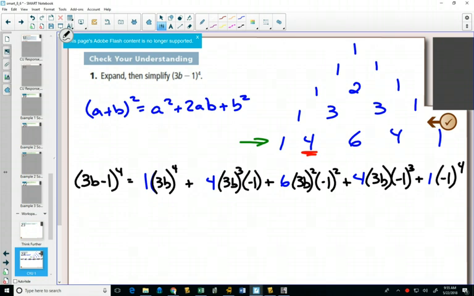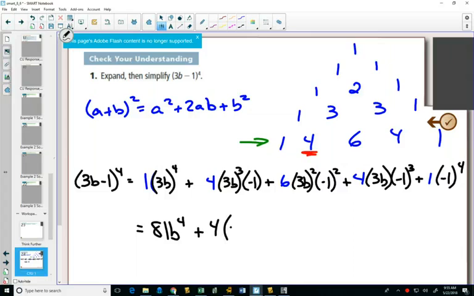And after setting it up, we now can simplify things. So in this first one, if I've got 3b to the 4, that's 3 to the 4, which is 81, times the 1 will still be 81, and b to the 4, plus 4.